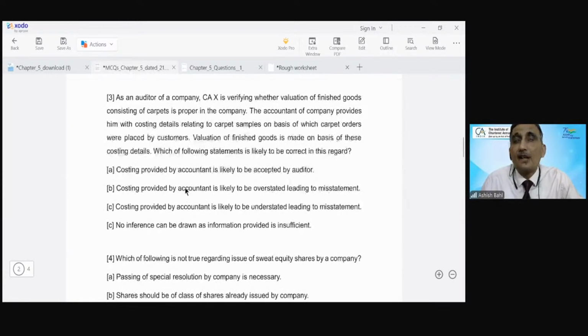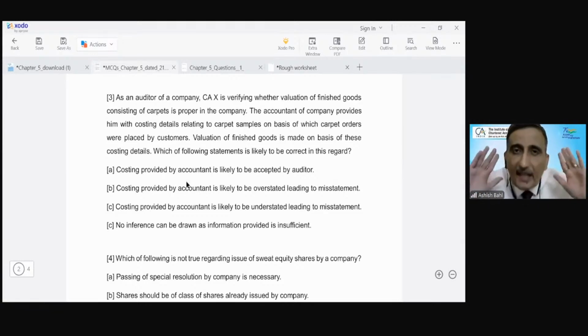Yes, question 3. Now, this is slightly ticklish. Read the question carefully and then answer, please. Apply your mind logically. Logically apply your mind.